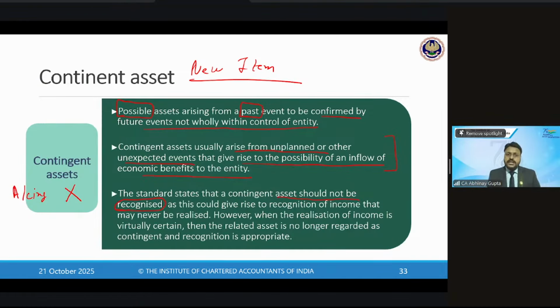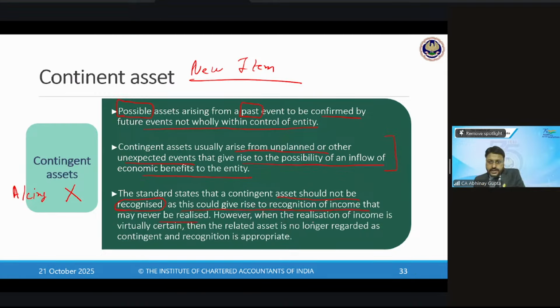Although the name is asset, because they are contingent, they have not yet arisen to the company. Hence, it cannot be recorded. The standard is explicitly prohibiting recording these assets in the balance sheet, as this could give rise to the recognition of income that may never be realized.